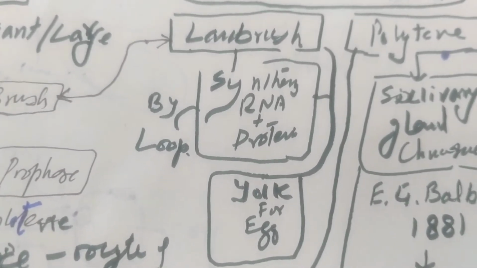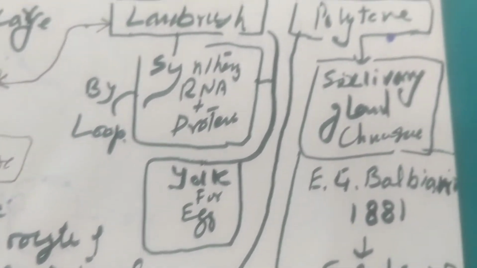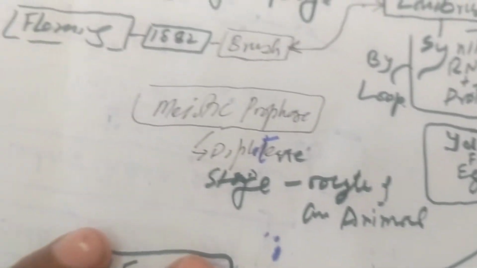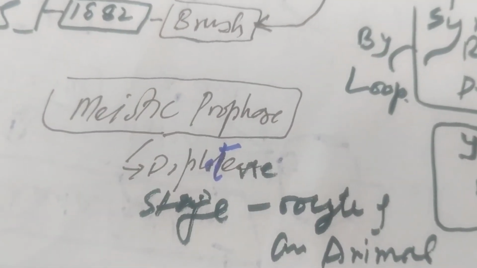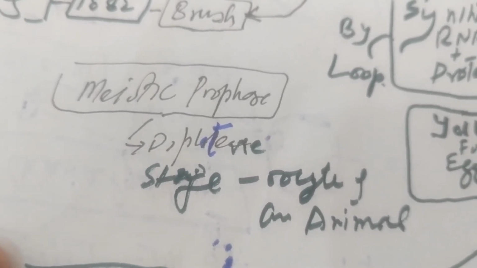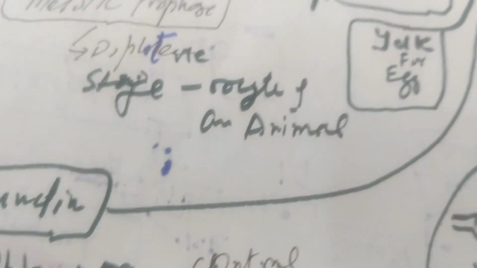Its function is to synthesize RNA and protein by loops. It also synthesizes yolk for the egg. It can be seen in the diplotene stage of meiotic prophase of the oocyte of an animal.